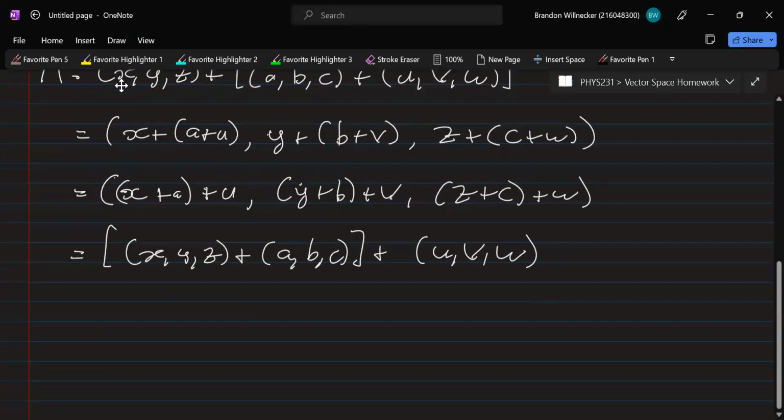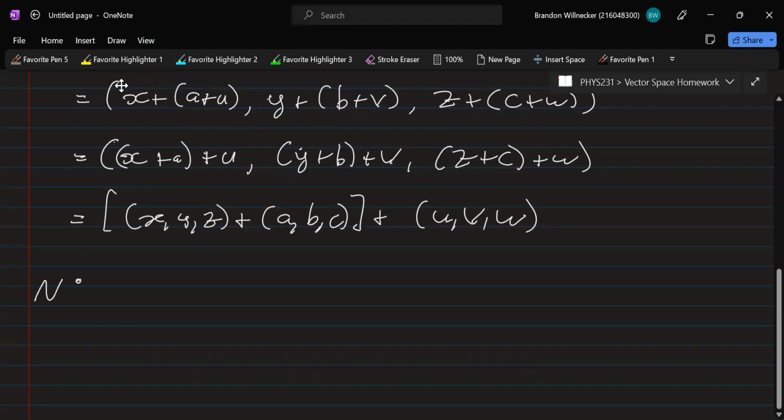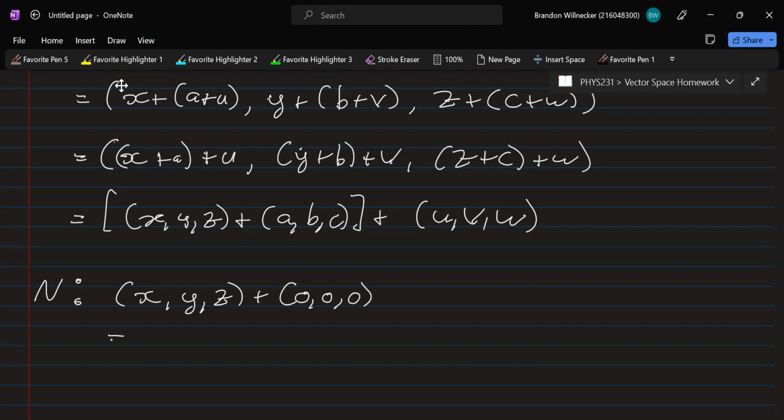Okay, what about the neutral element? Okay, so my claim is that the neutral element is the tuple of just zeros. Let's show that. So if I have an arbitrary x, y, z, so x, y, z plus 0, 0, 0, this is going to be x plus 0, y plus 0, z plus 0.